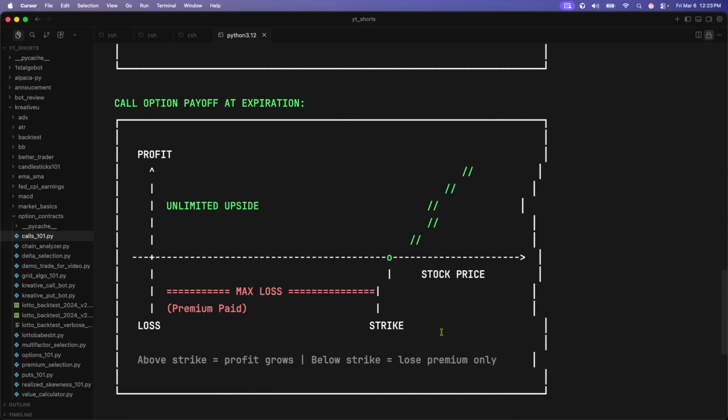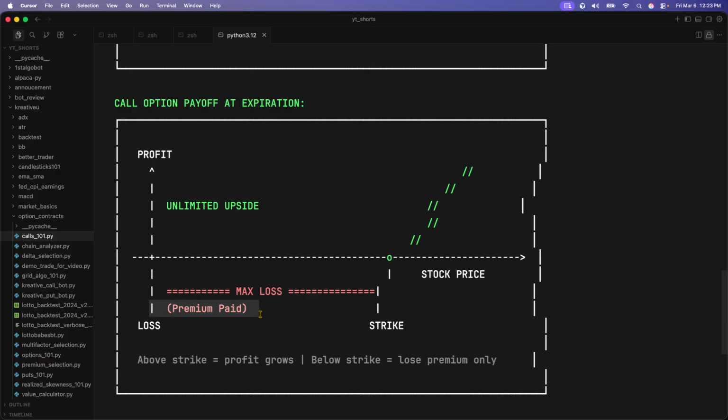So here's the payoff at expiration. Here's our stock price, right? And here's our upside potential. For any option contract, our downside is limited to the premium we pay, right? So in essence, this is our downside. Our max loss is going to be just above our downside.